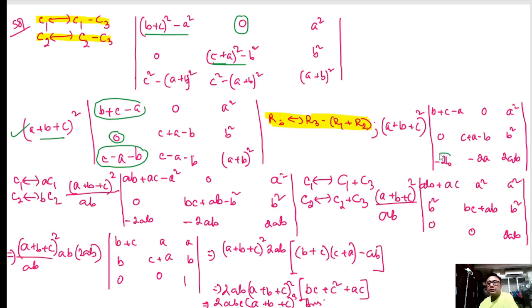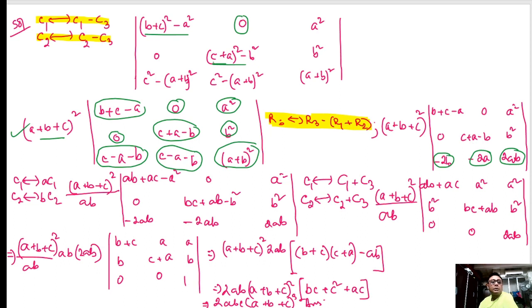So here it is, the answer. Similarly, we will do this plus this and subtract it from this, and we will get the answer as this. Similarly, this plus this subtracted from this, we will get the answer of this.